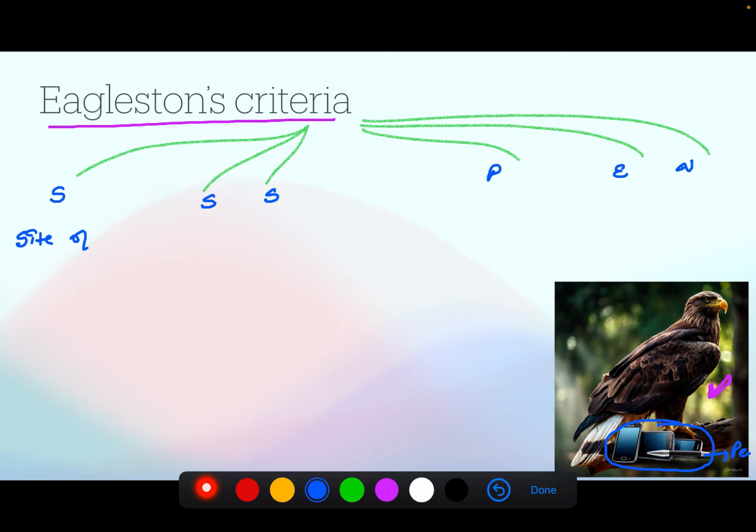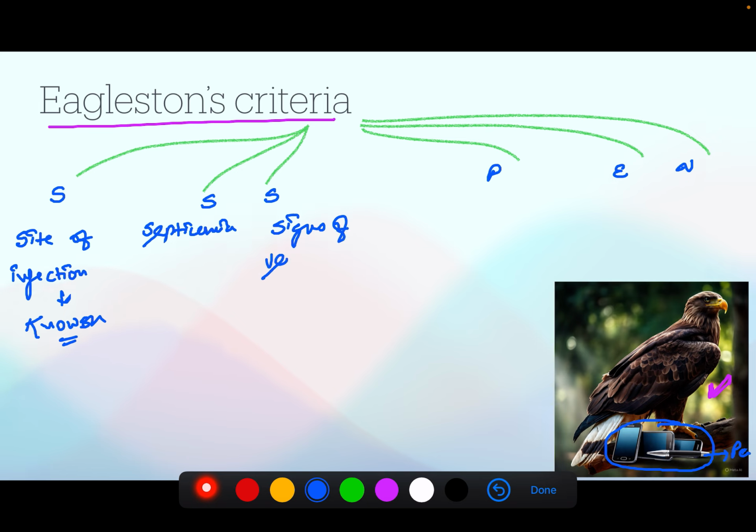First S is for site of infection will be known. You will be knowing the site of infection. Second S is for septicemia, and third one is for signs of venous congestion can be seen.